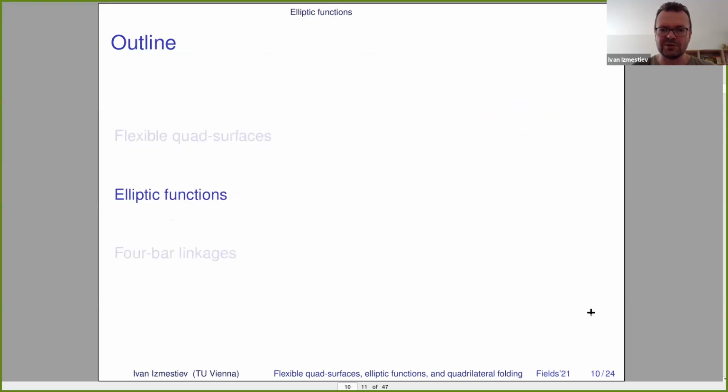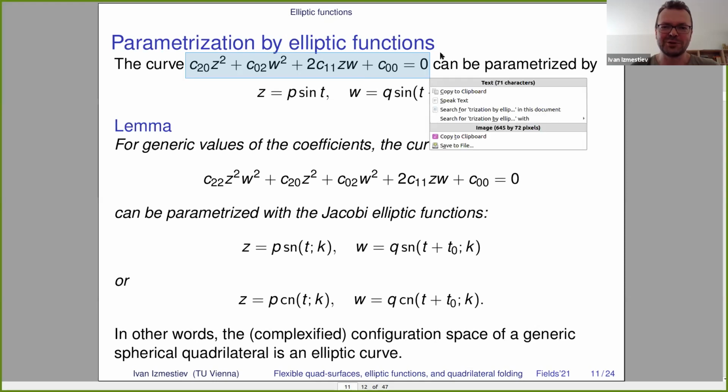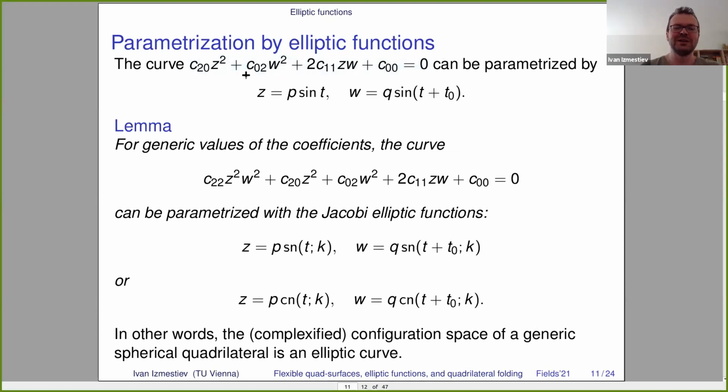It turns out that elliptic functions can be of use here, because let us take first a simple equation like this. It's very similar to what we had, but there is no term of z squared times w squared. And for this equation, of course, it's a curve of degree 2, so that's a conic section. More exactly, it will be a hyperbola, because I know that C20 and C02 have opposite signs. Otherwise it would be an ellipse.